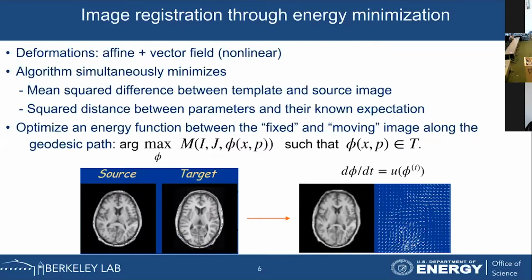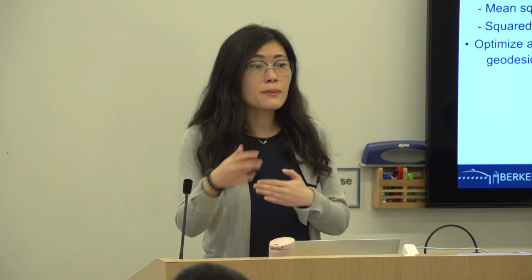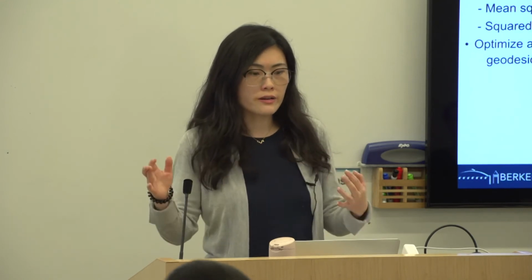When we talk about deformation models, usually we want to start from linear, in rigid and affine space. And then we assume there's a vector field in diffeomorphism that could register the source image to the target along a geodesic path. And how we find this geodesic path is by minimizing the energy along an arc.